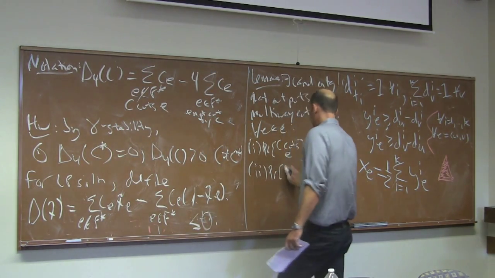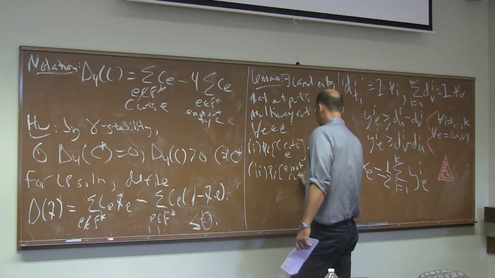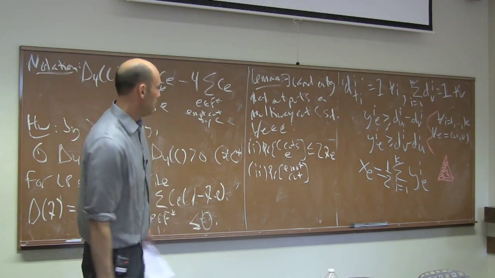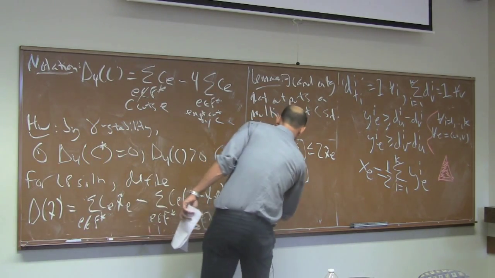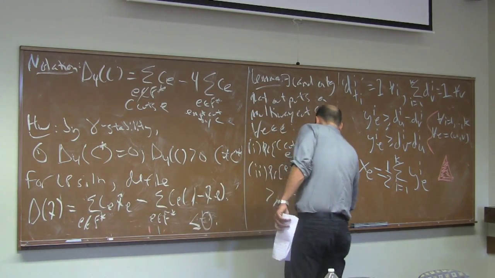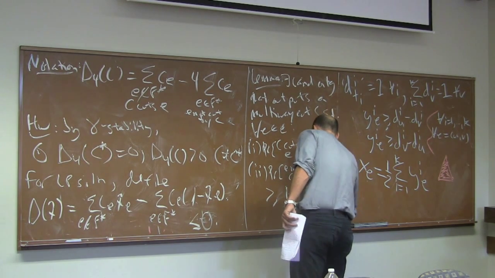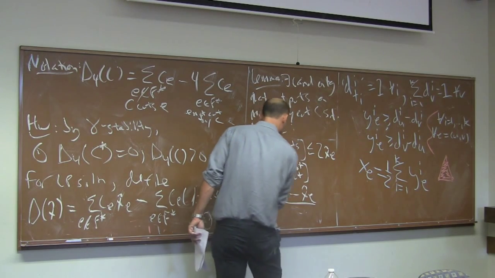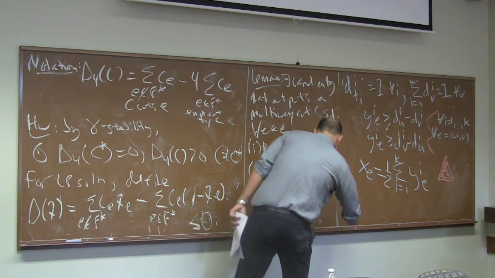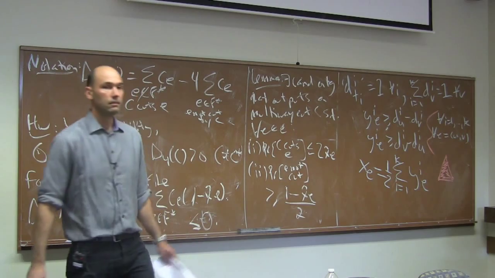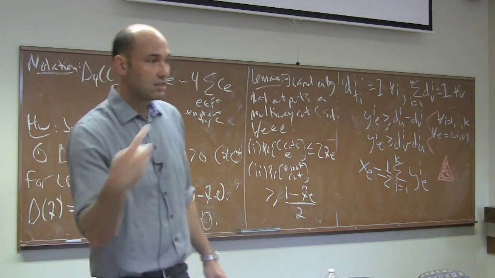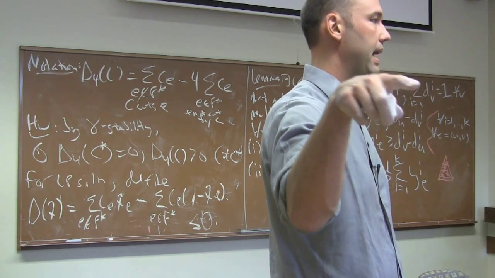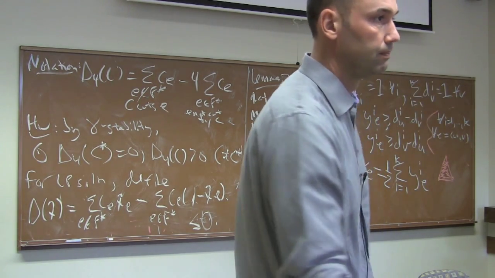The probability that e is not cut, which before equaled 1 minus x hat e, we're now going to argue is at least that same factor divided by 2. That's a 2 on the bottom. Notice that does not follow from 1. What follows from 1 is a lower bound of 1 minus 2 x hat e. This is a different lower bound.